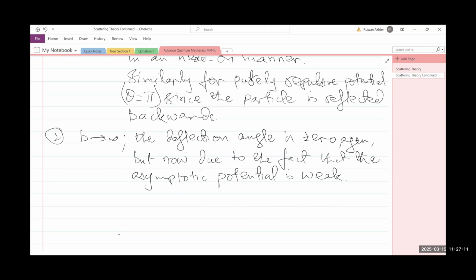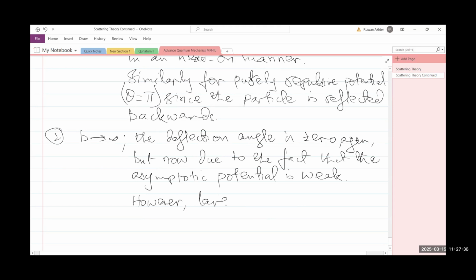This corresponds to weak asymptotic potential. बट इसका ये मतलब नहीं है कि अगर b tending to infinity पर asymptotic potential weak है, इसका मतलब ये नहीं है कि scattering नहीं होगी, but this would correspond to scattering which is also known as small angle scattering. So we want to emphasize here there would be scattering, but that would be known as small angle scattering.